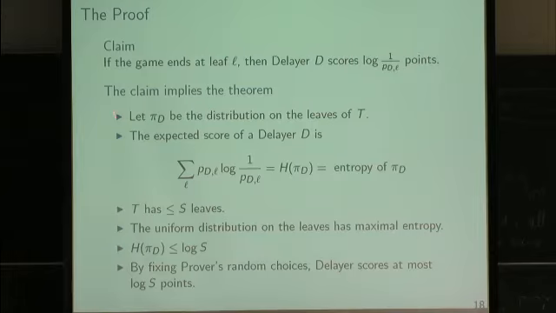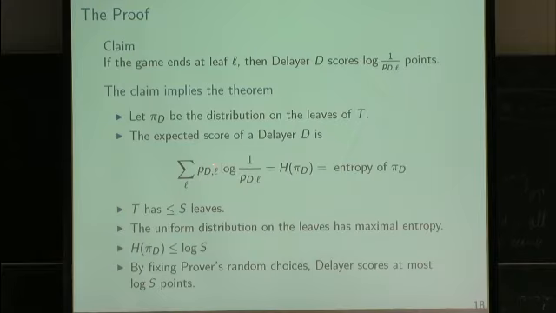So let PD be the distribution on the leaves. So this game induces some distribution on the leaves. So then what is the expected score of the delayer, because the prover is randomized? Well, you go to this leaf L with probability PDL, and by the claim, on this process going to this leaf, you will score log of 1 over PDL points.